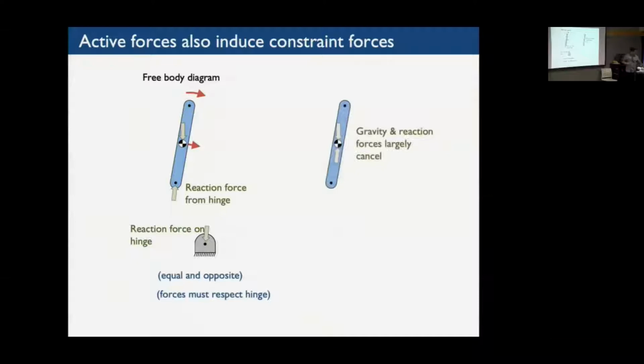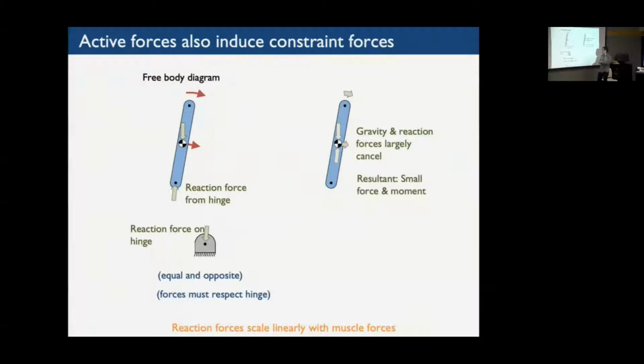The gravity and reaction forces largely cancel. You get a small force and a moment, but still the reaction forces are going to scale linearly with muscle forces. So we said that the acceleration scales linearly with the torque that's applied or the force that's applied. And then the reaction forces are just going to be linearly related to those accelerations.